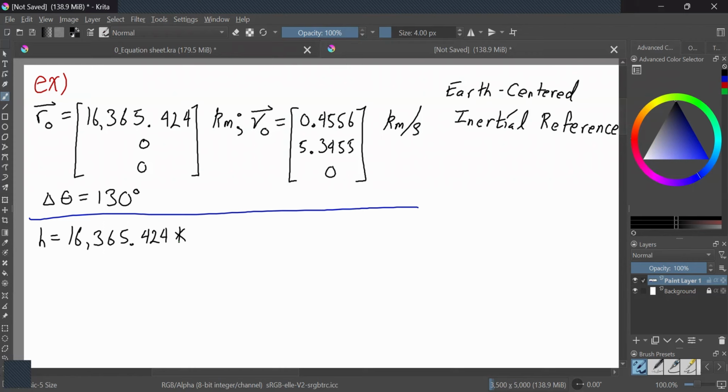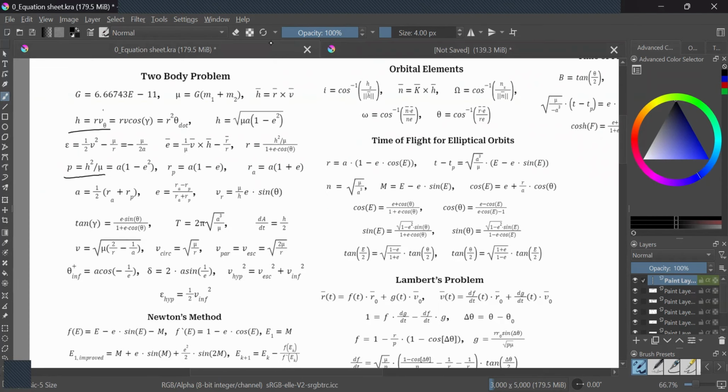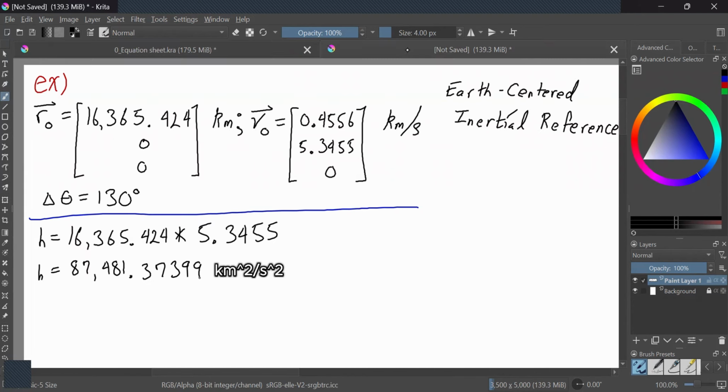multiplied by our tangential velocity, holding no surprises for us, will produce 87,481.37399. Then, as pointed out, we use that to find p, so we square it and divide by... let me go ahead and write that out. 87,481.37399.